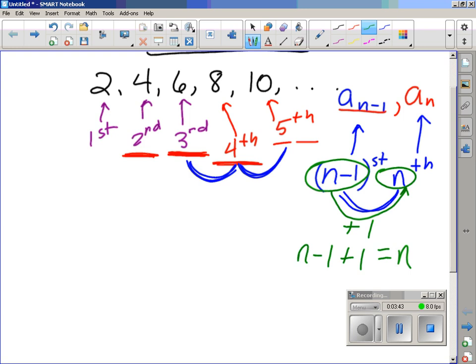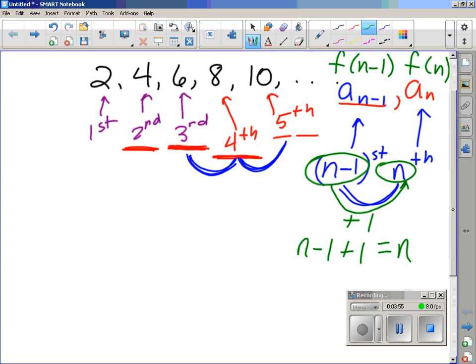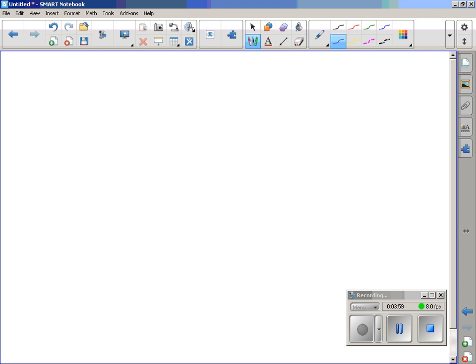Remember, I could write this 2 different ways. I could write this as f of n, just like I could write it as a sub n. I could write this one as f of n minus 1. Now, so what does this mean? This means if I am writing a sequence, there's the first term, the second term, the third term, the fourth term, and on and on and on as far as I want to go.